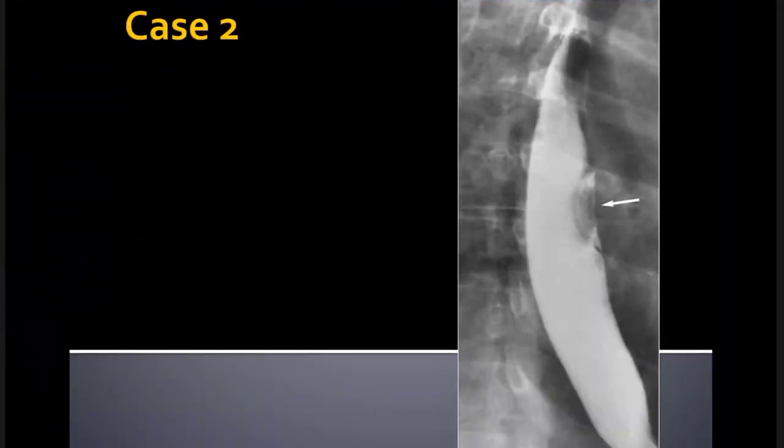Okay, this is a one spot film from the barium swallow examination, a little oblique projection, showing there is a crescentic indentation on the anterior wall of the esophagus with smooth borders.